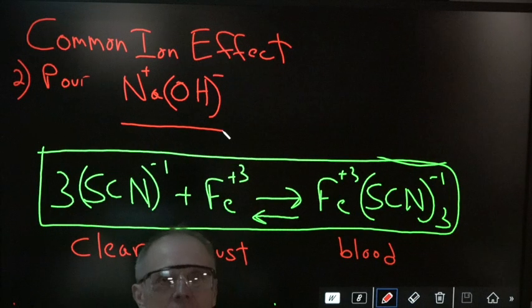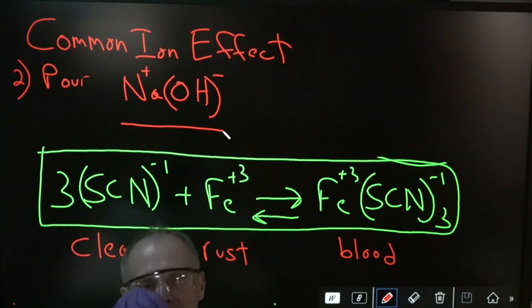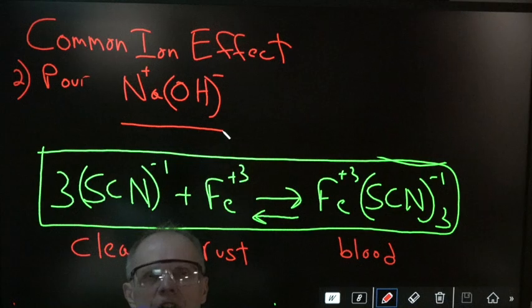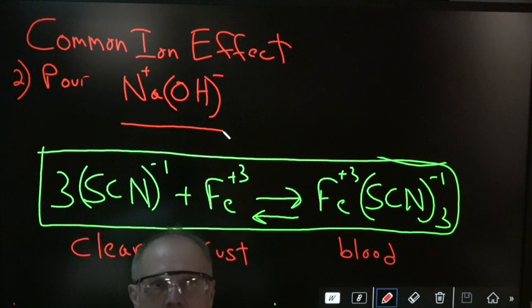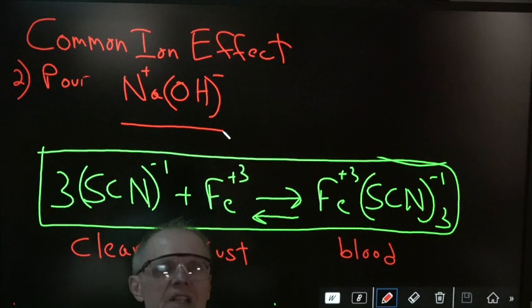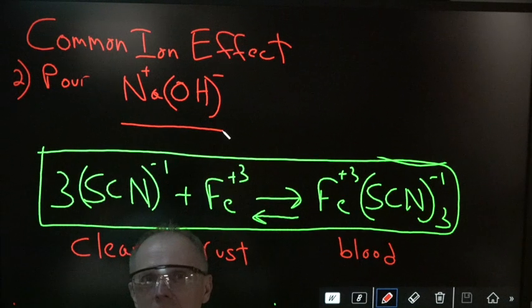For number 3, very difficult. There's no common ion. The reaction went from dark red to almost clear, and these little teeny specks, they look rust-colored, are falling out of the solution. That's all I'm going to tell you. So number 3, you have to figure out what compound is actually falling out of this solution.